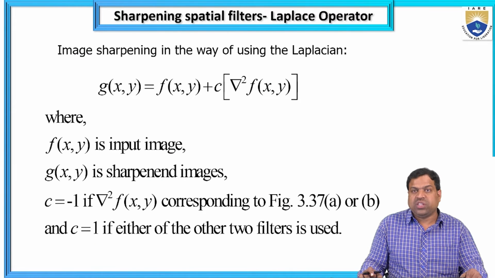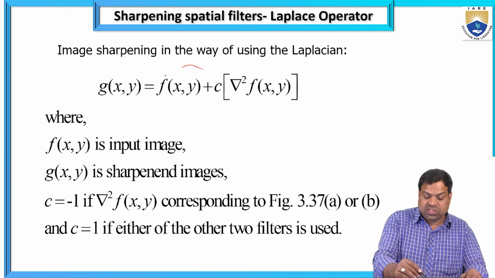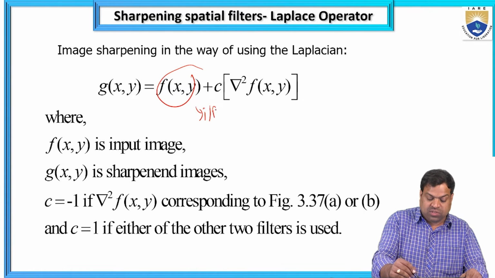So the image sharpening using the Laplacian is g of x comma y equals f of x comma y plus c into delta square of f of x comma y, where f of x comma y is the input function and g of x comma y is the output or sharpened image.